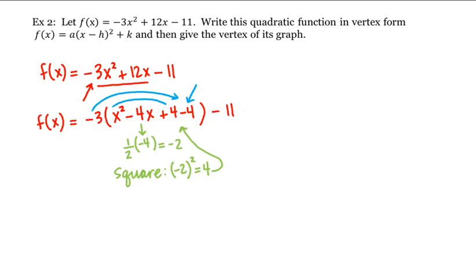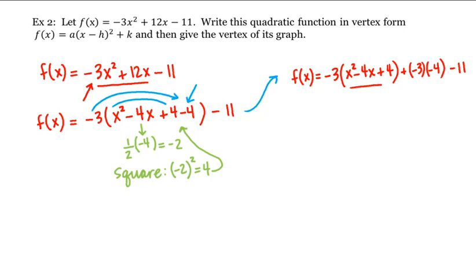That is, we have the following. f of x is equal to negative 3 times the first three terms, and then plus negative 3 times negative 4. And then we still have the negative 11. That is, we just distribute the negative 3 to the first three terms and then the last term.